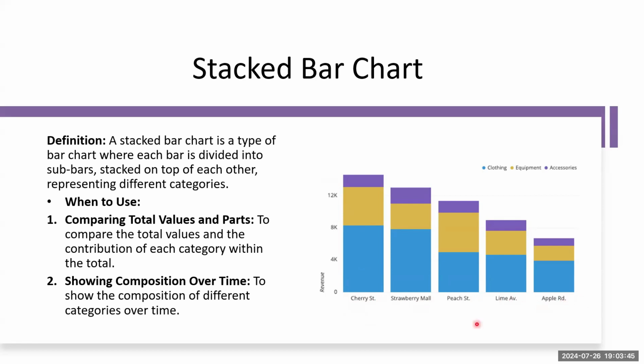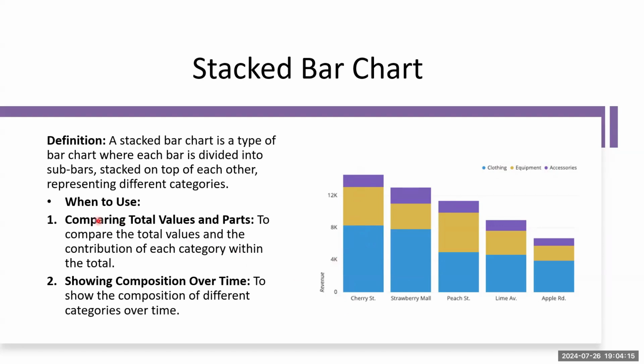Total revenue made by Sherry Street is above 12,000. That is 14,000. But out of the 14,000, clothing was 8,000, equipment was 4,000, and accessories was 2,000.